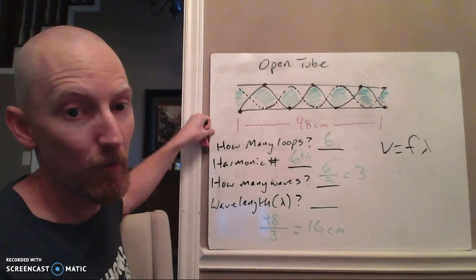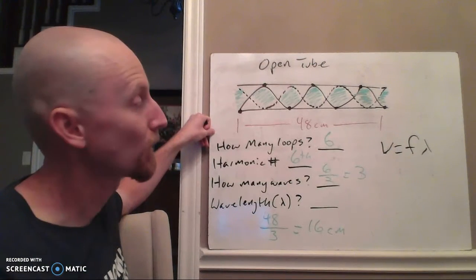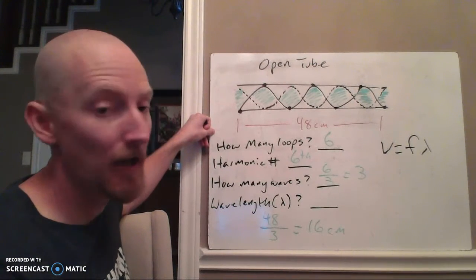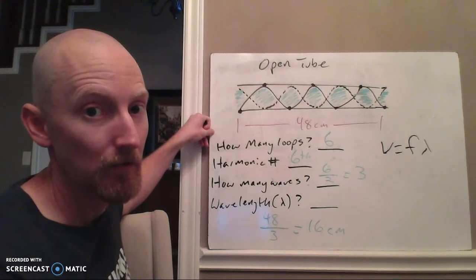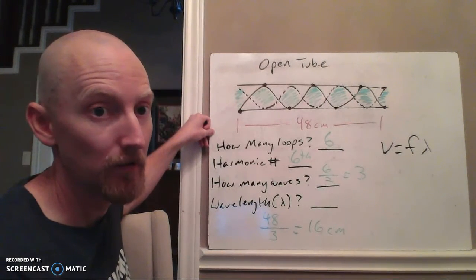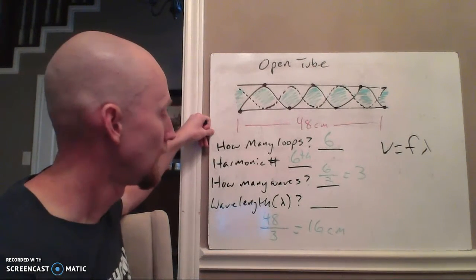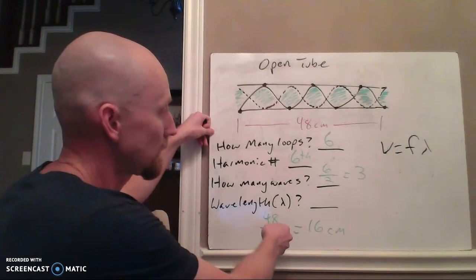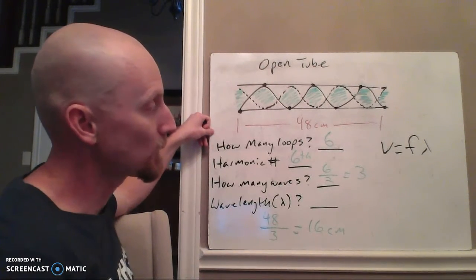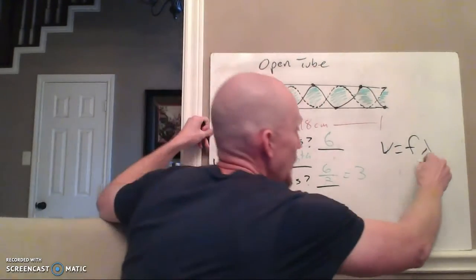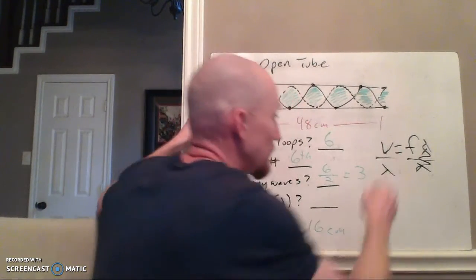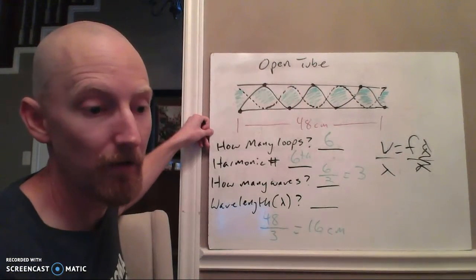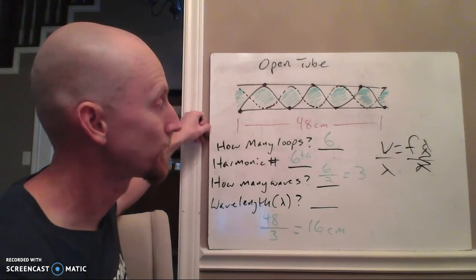That's the velocity of a wave. So the velocity of a wave is a function of 2 things: the frequency, how frequent the waves are, and the wavelength, how big the waves are. So here we have the wavelength, and let's say we want to find the frequency. We divide by lambda. Frequency is velocity divided by lambda.